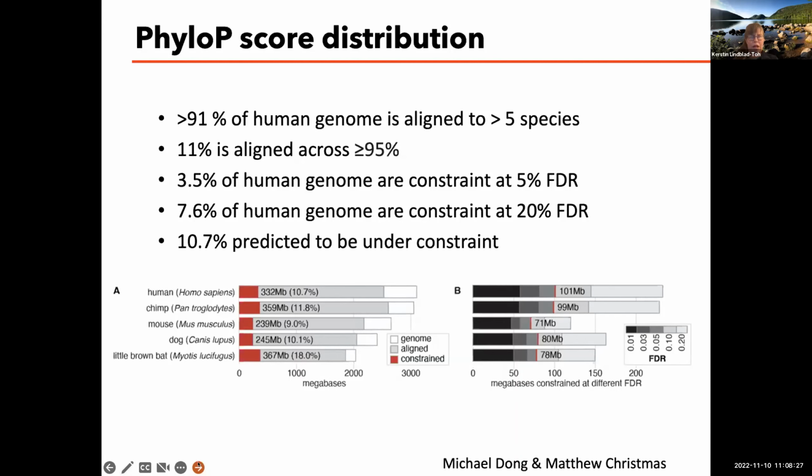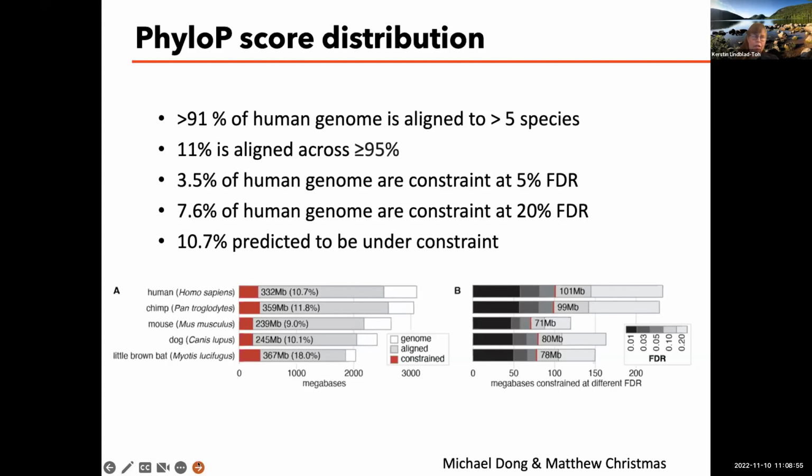However, when we look at the likelihood of something being significantly constrained at the 5% FDR level, we can pinpoint 3.5% as constrained at the single base pair level. If we are willing to allow some false positives, but getting a bigger data set, we can look at 20% FDR, and then close to 8% of the human genome is under constraint.